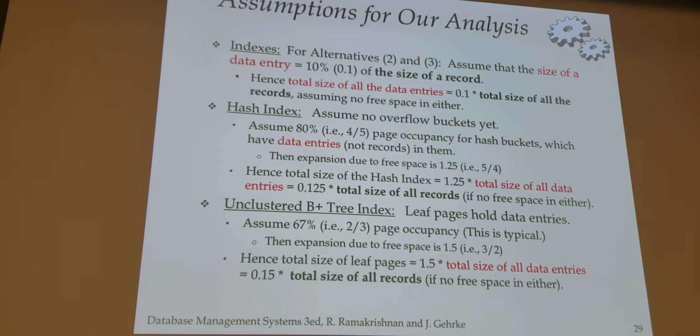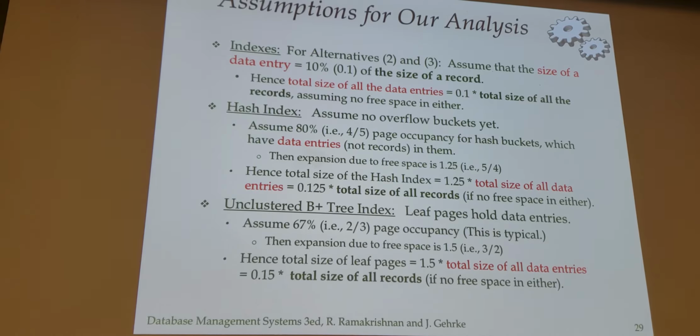So the size of the data entries, if there were no free space, would be 1/10 of B. But there is empty space, and so the total size that you have for the leaf pages of the B tree, where you don't have records, you have the data entries, is going to be 1/10 times 1.5.